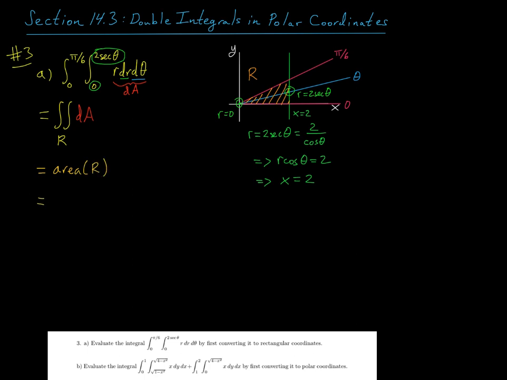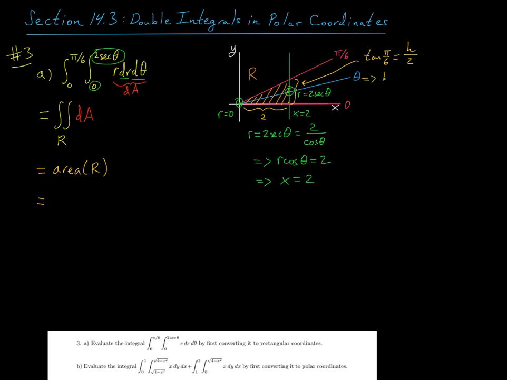And since R is just this triangle, we can just find the area of the triangle using 1/2 base times height. And the base there is 2, and for the height, well, since this central angle here is pi over 6, I'm going to look at the tangent of pi over 6, and that would equal the height of the triangle divided by the base, which is 2.